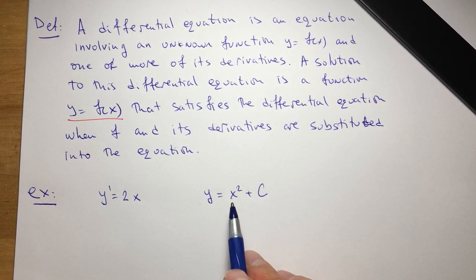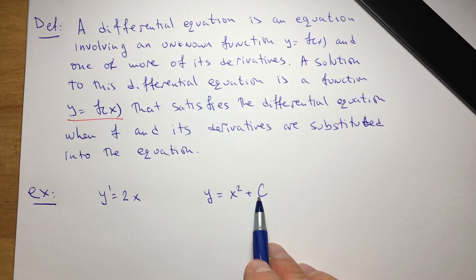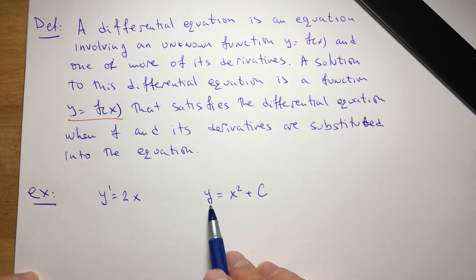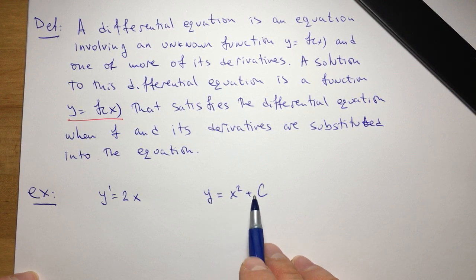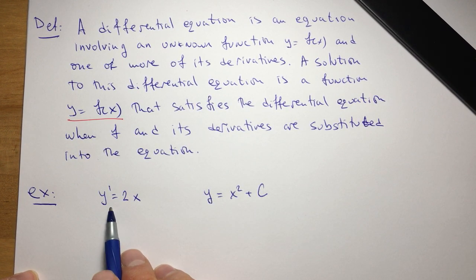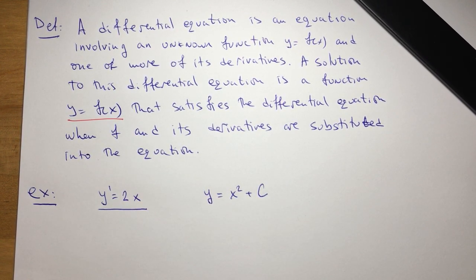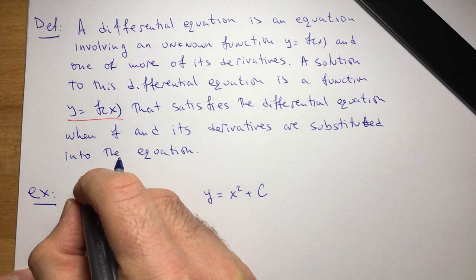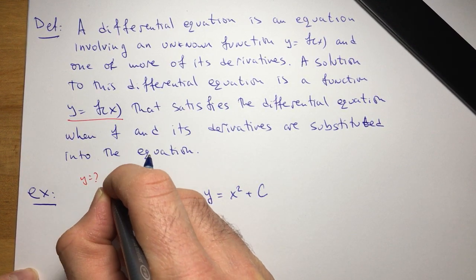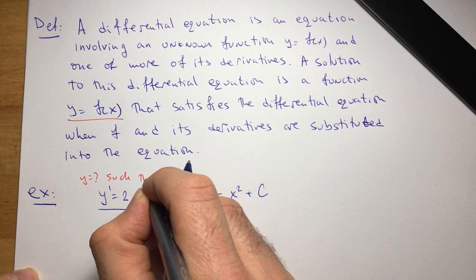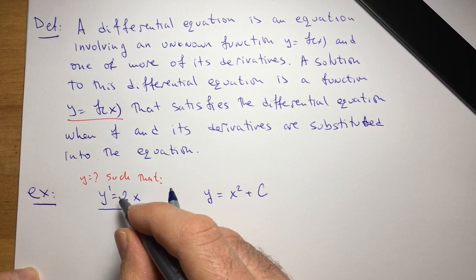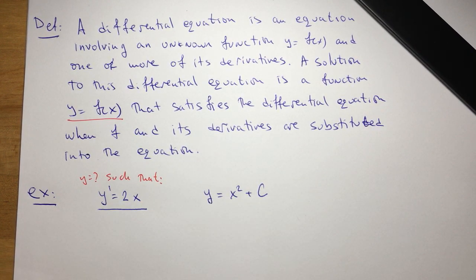Don't forget the constant, because the constant can be 0, so y is equal to x squared, but the constant also can be 5 or any other constant, because y is equal to x squared plus 5 also satisfies this differential equation. You see, you're looking for y, such that the differential equation listed here holds.